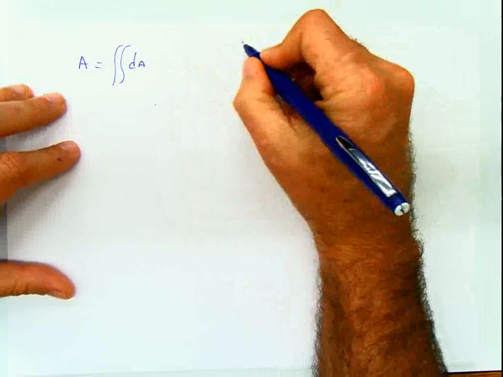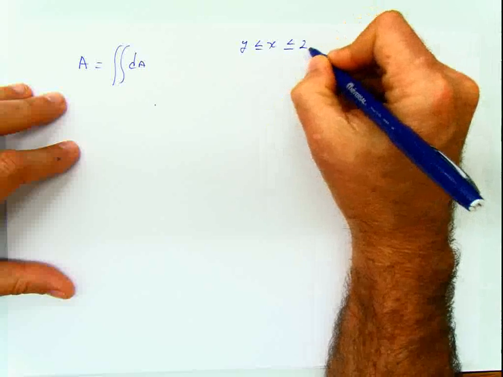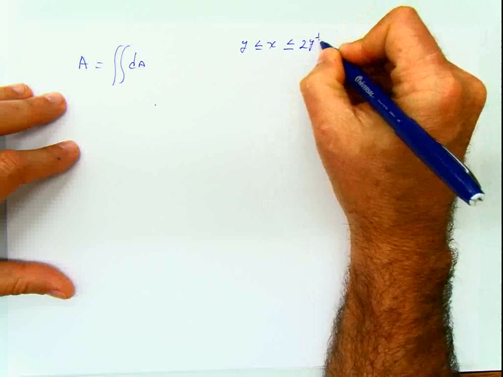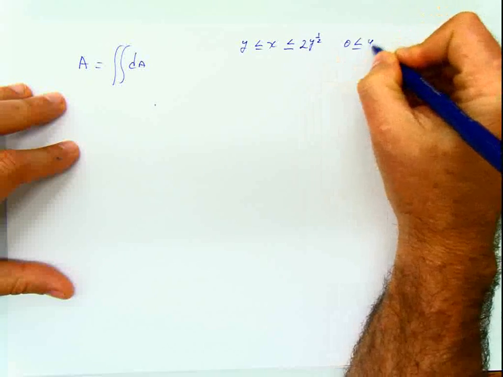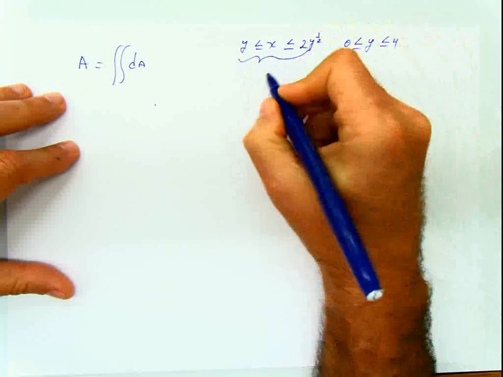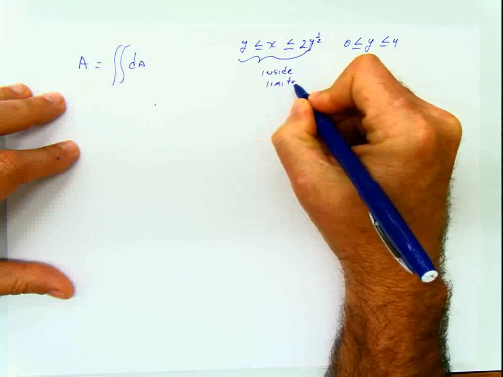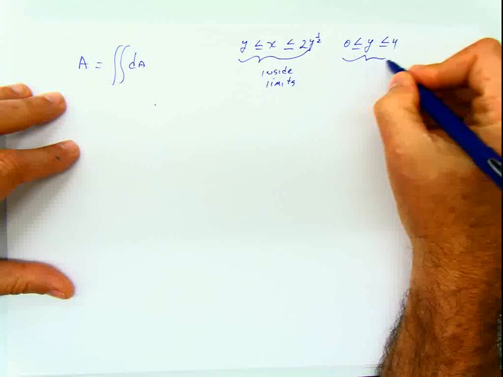And remember, x is going to be smaller or equal than 2y to 1/2, and 0 smaller or equal than y, smaller or equal than 4. So those are my inside limits. And these are my outside limits.